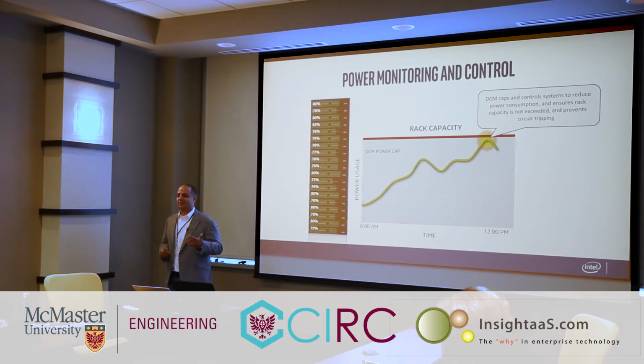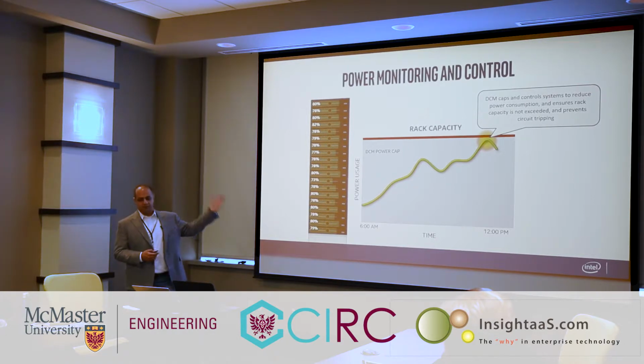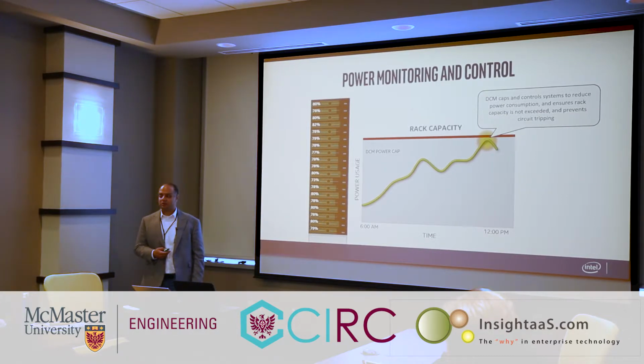So what we usually end up doing is combining both: using the historical data with setting power policies or a power cap at the rack level, right? So you tell the rack, you usually have approximately 8 kilowatts, and you tell the rack not to exceed that limit, right?